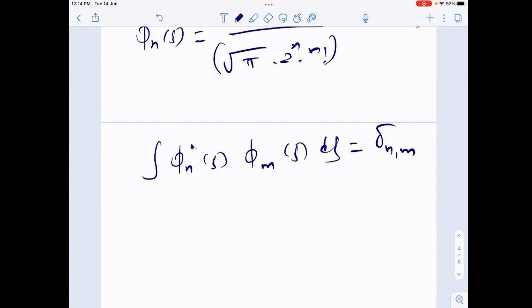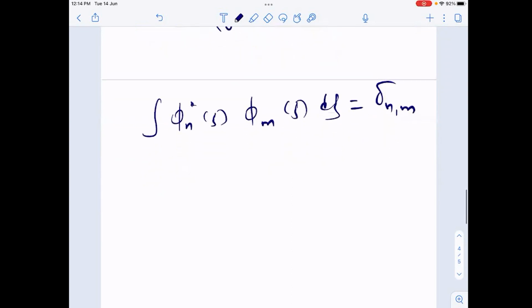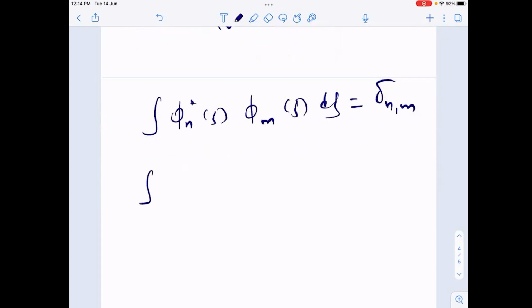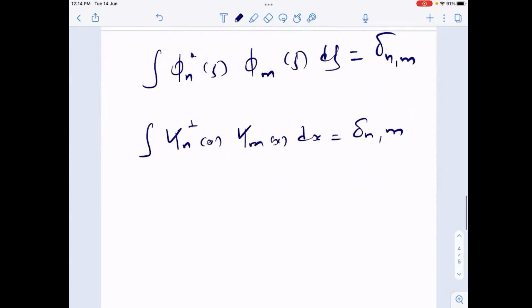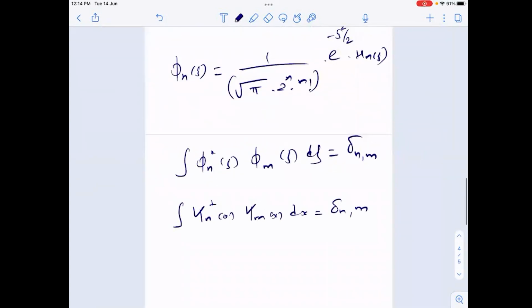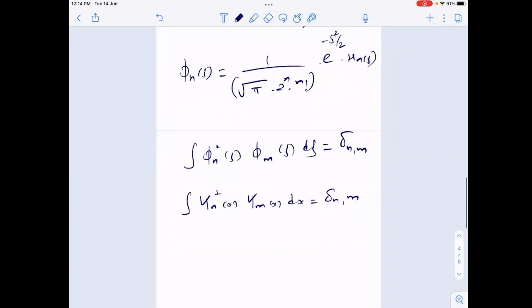Now, if the function were psi(x), if our state vector was psi(x), we would have normalized it as the integral of psi n star(x) psi m(x) dx. And in that case, just to show you, this will be my psi n(x) instead of phi n(chi).